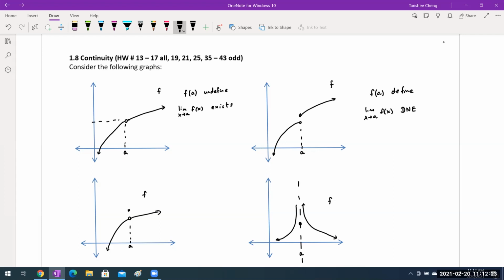In this case, f(a) is defined, and the limit as x approaches a of the function also exists. However, the problematic part right here is that f(a), the function at a, is not equal to the limit as x approaches a of the function. Those two are not equal.